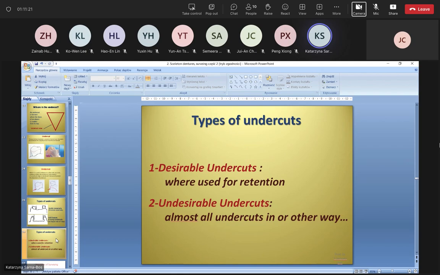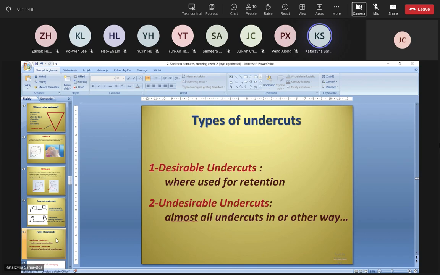And also we have desirable undercuts used for retention. So we would like to find undercuts because in the area of undercut we can place the tip of the clasp, which provides the retention of the skeleton denture. And in such cases, those undercuts are called desirable undercuts.